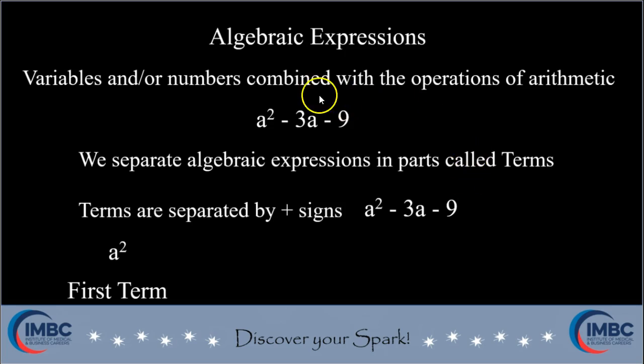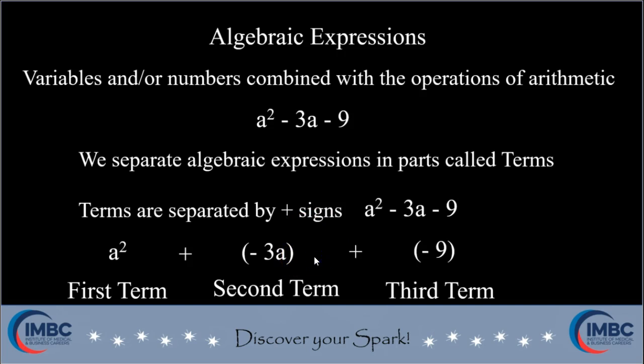So the first term is a to the 2nd power, plus, so I'm going to put the plus sign even though I have a subtraction sign, and I can do that because subtraction can be written as addition of the opposite. Again, we talked about that in the first one. The expression a squared minus 3a minus 9 has 3 terms. Second term, negative 3a, plus third term, negative 9.